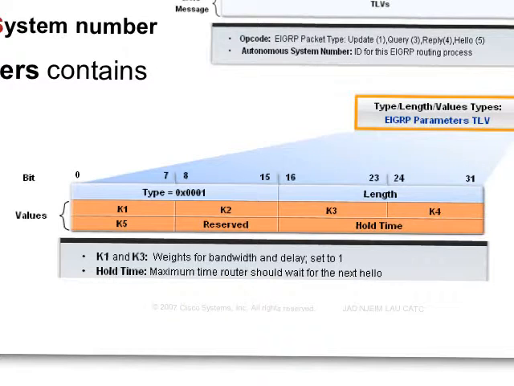There is something underneath that still uses some periodic messages, but it's not used for exchanging routing information. This is called a hello protocol. The hello protocol is not used to exchange routing information.